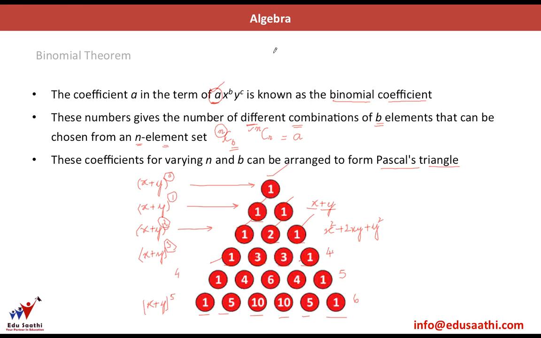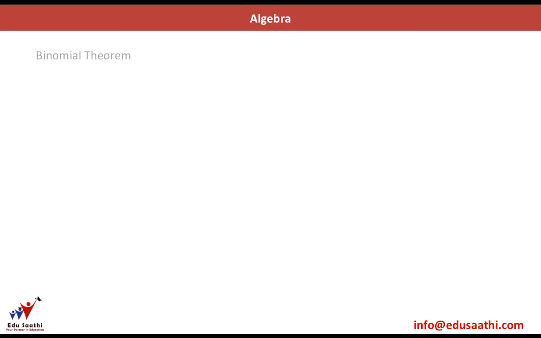So x plus y raised to power n will have n plus 1 terms. The number of terms in the expansion of x plus y raised to power n is always one more than the exponent.